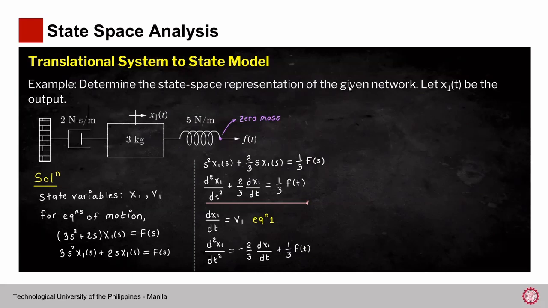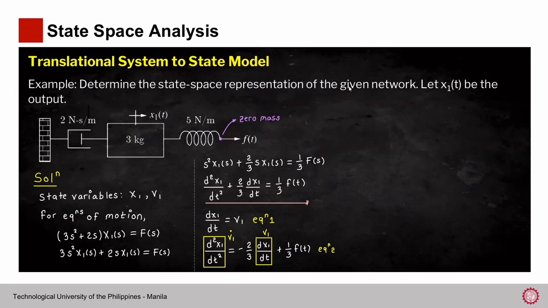Now, what is this one? This is nothing but the second derivative of displacement. So in other words, this is v1 dot, the derivative of the velocity. And this one, the derivative of x1, is actually v1, right? So basically, this would be your equation 2.